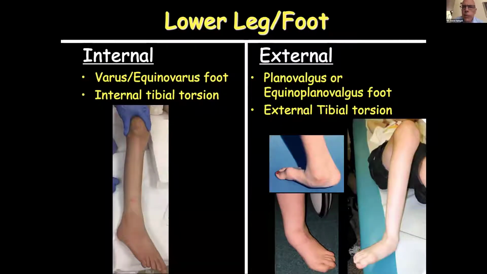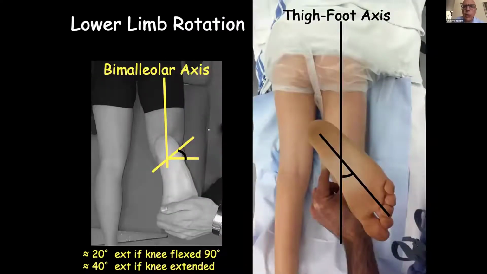Below the knee, the rotation of the lower limb, it's common to have internal or external torsional malalignment. The external can involve both the foot and the subtalar joint and the tibial axis. Okay, so you can look at it in terms of the thigh-foot axis. That includes both the hindfoot and the tibial axis.